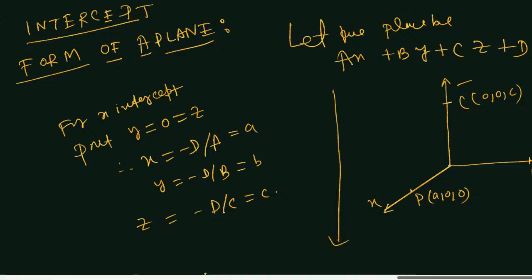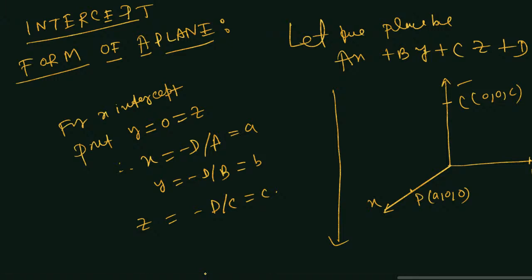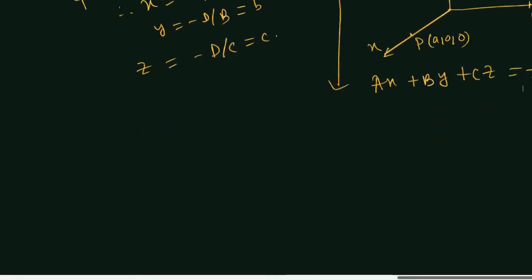Okay? Now what will be the intercepts? These 3 points you got, A, B, C. So every time divided by d, rewrite this equation here. Divide both sides by minus d. Write ax plus by plus cz, divided by minus d.